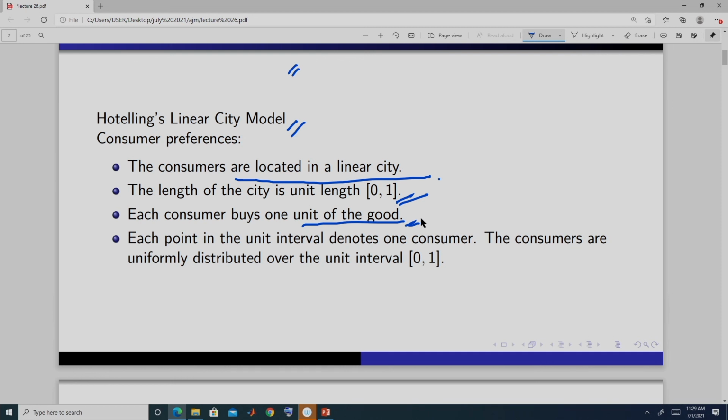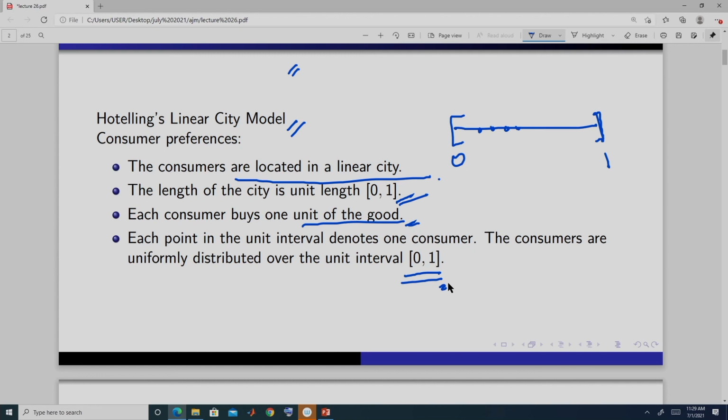Okay. And each point in this unit interval, so it is something like this, this is the unit interval. Here each point denotes 1 consumer. Or you can say that the consumers are uniformly distributed over the interval 0 1.